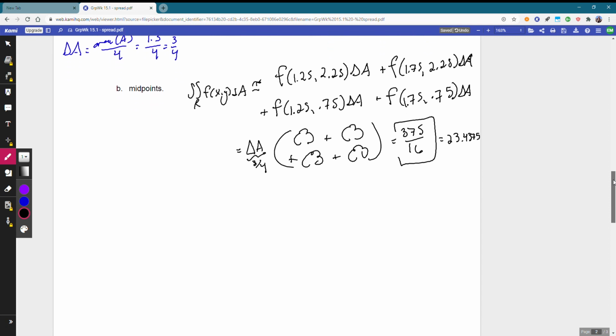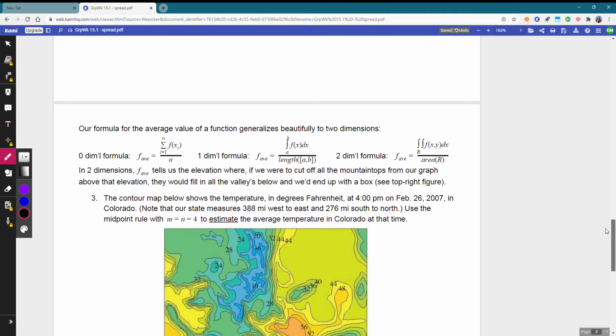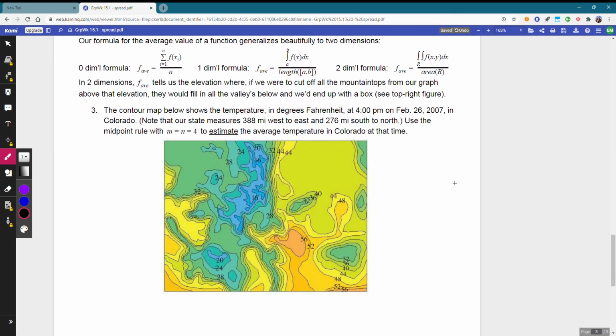All right, next, looking at Colorado. So we have a contour map, and we're wanting to use the midpoint rule to estimate the average temperature. And so here we're going to use our two-dimensional formula for the average value of a function.